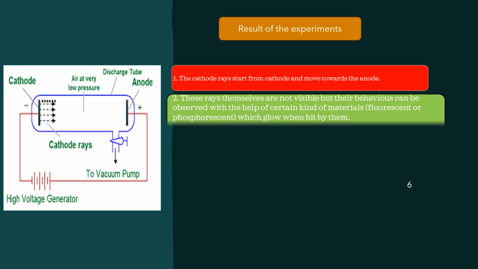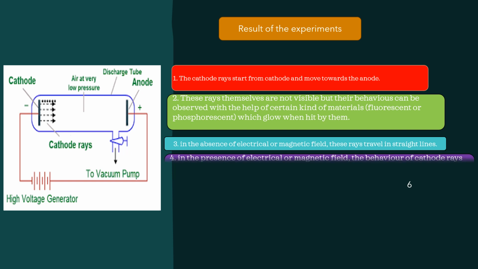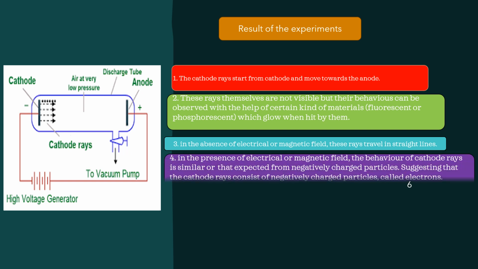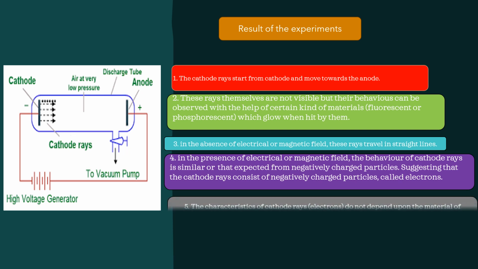Third, in the absence of an electrical or magnetic field, these rays travel in straight lines. In the presence of an electrical or magnetic field, the behavior of cathode rays is similar to that expected from negatively charged particles. So the cathode rays consist of negatively charged particles called electrons.